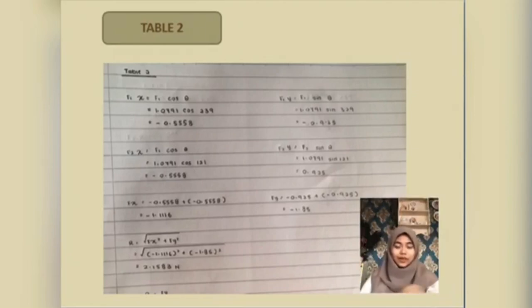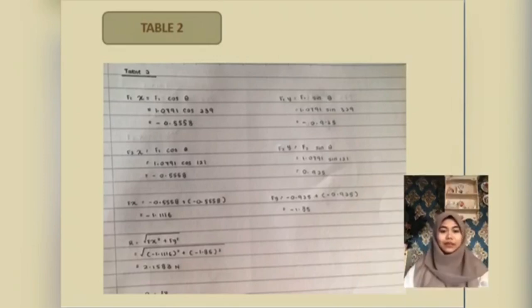For the F2x, it is 1.0791 cos 121, so we get negative 0.5558. And for the F2y, 1.0791 sin 121, we get negative 0.925. After we get F1 and F2, we can get the Fx and Fy by adding F1 plus F2.